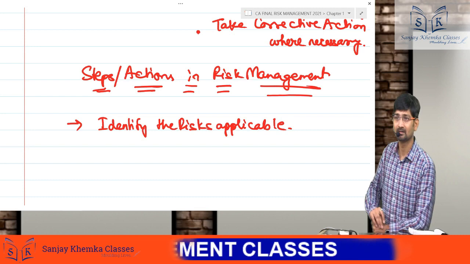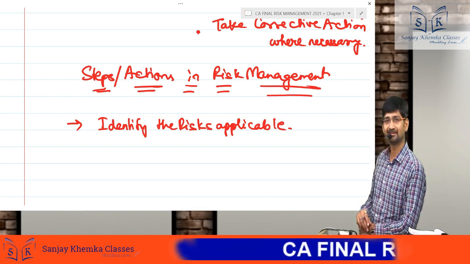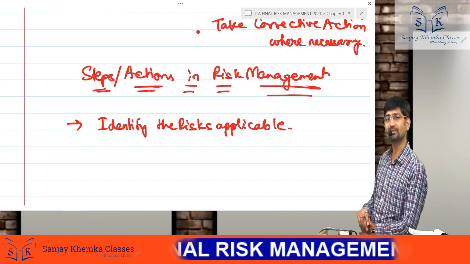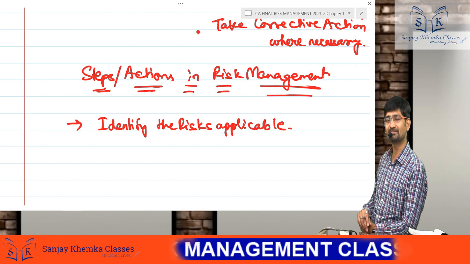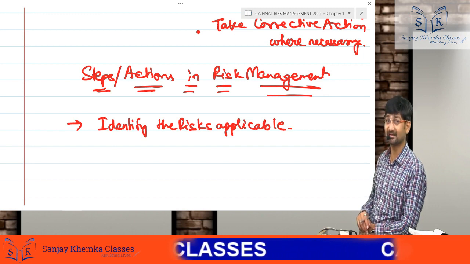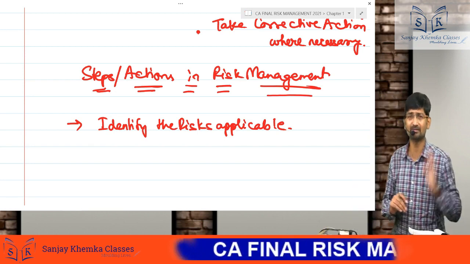Logical. If I am sitting in Japan, I will have greater chances of an earthquake as compared to if I'm sitting in Kolkata. I'm giving you instances, but try and connect through the instances to the fact that all the risks are not equally important for everybody.